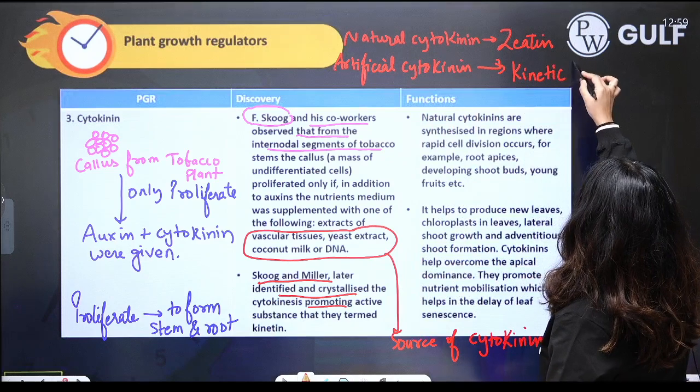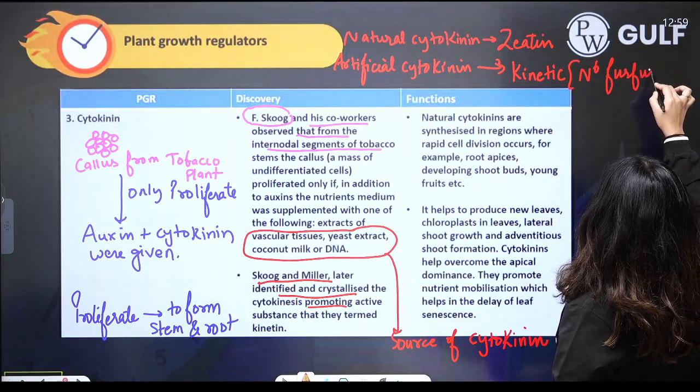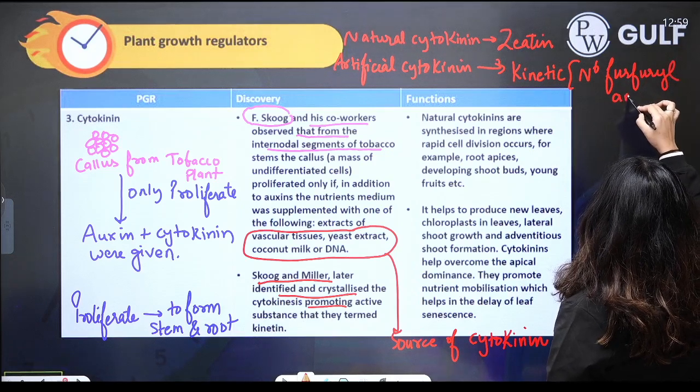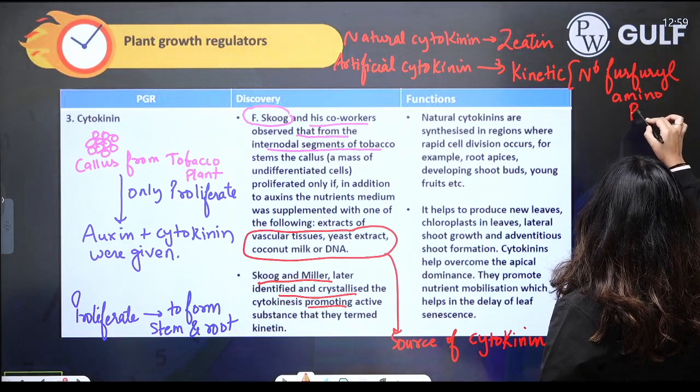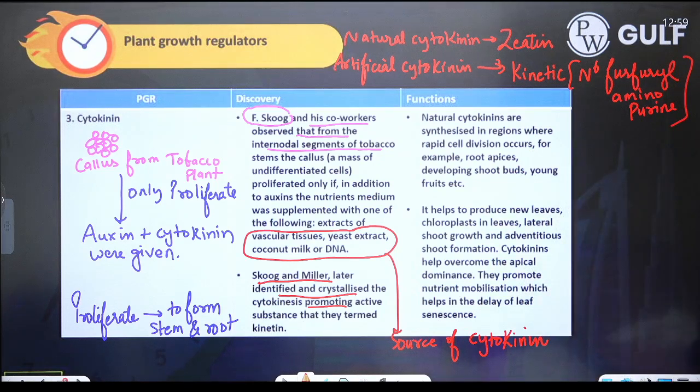Another name of kinetin is N6 furfuryl aminopurine. Kinetin is basically the artificial cytokinin.